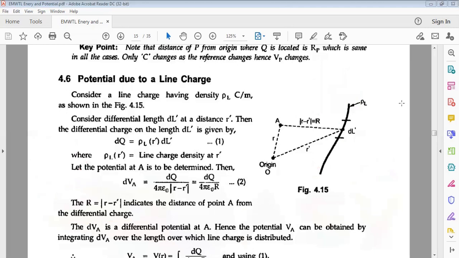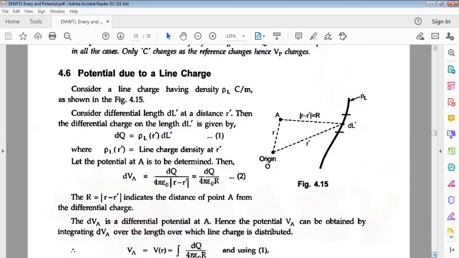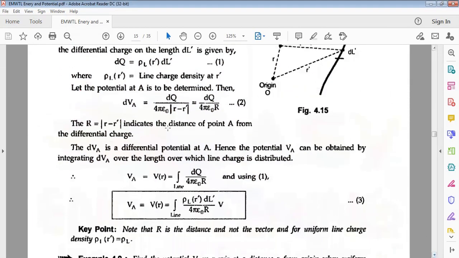So in that equation, the change of the voltage is due to the change of the charge dq.